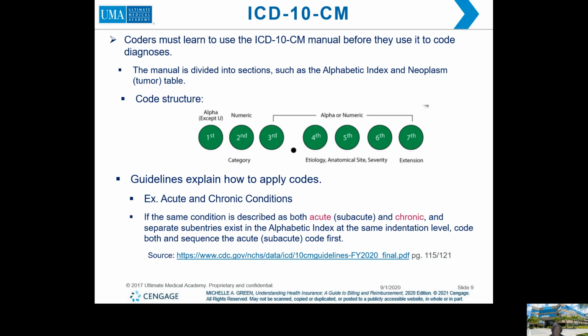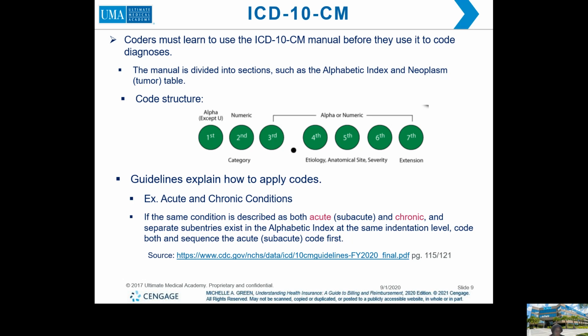So in this instance, it says, okay, well, if you have a condition that's described as both acute, which means it came on suddenly, bam, like acute bronchitis. It just came on yesterday. The patient started having the coughing and the wheezing and things like that. And it's also described in the manual as chronic, meaning that this person gets it over and over. They have bronchitis every 3 months.